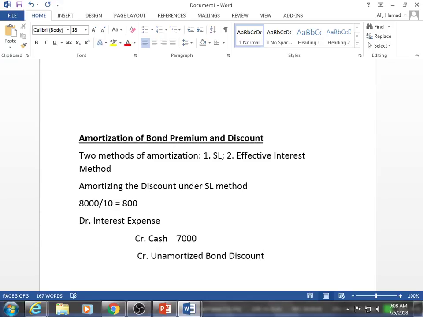By how much? We said when we divided it by 10, we came up with 800, correct? 800.